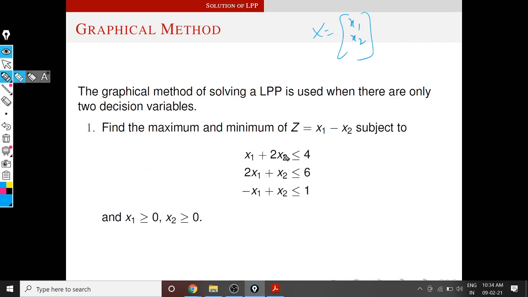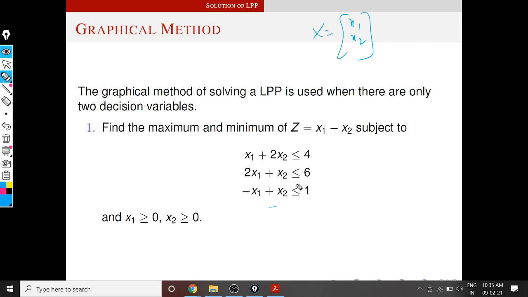Find the maximum and minimum of z is equal to x1 minus x2 subject to these constraints and two extra conditions, they are called non-negative restrictions. x1 is non-negative, x2 is also non-negative. Okay, how to solve this problem? First we have to find the feasible region.